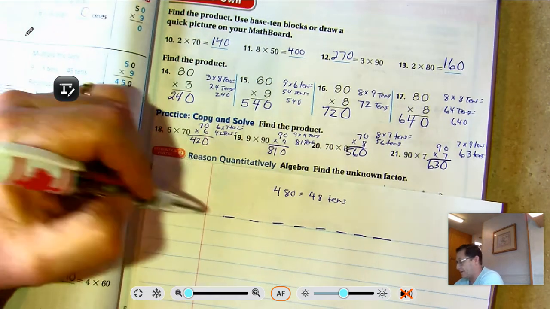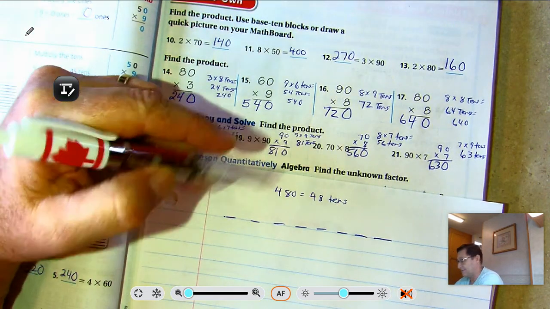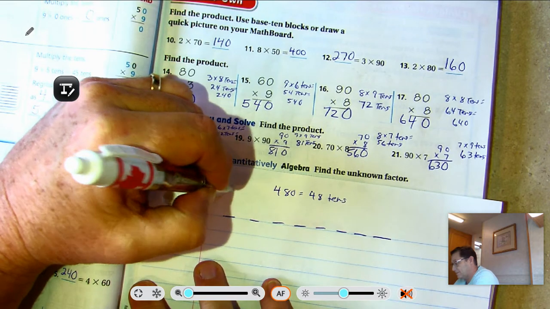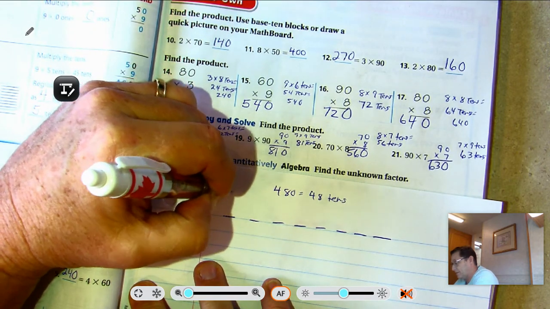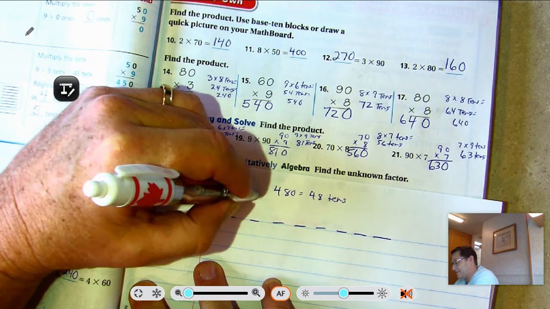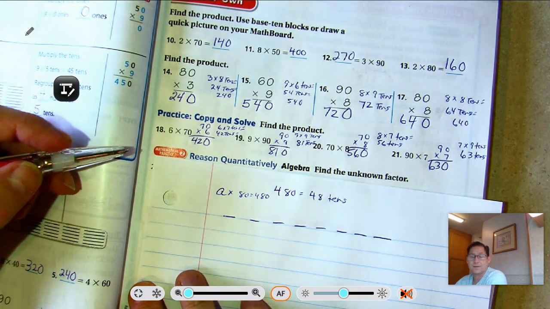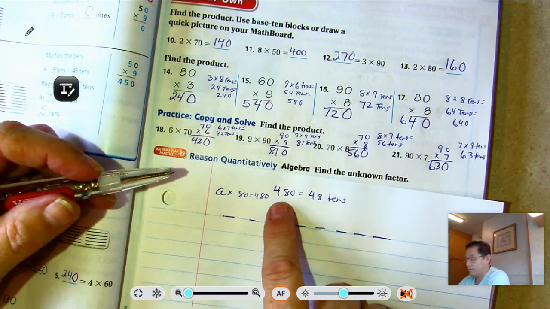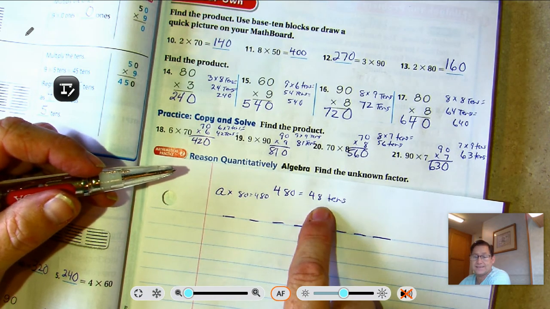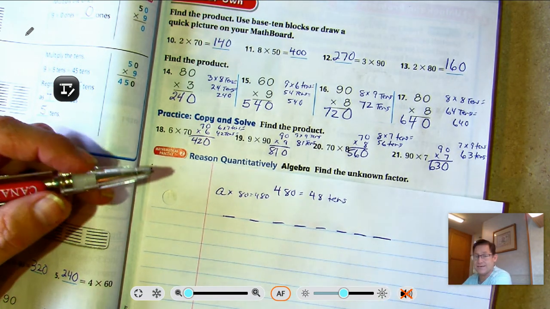All right, so here I have 8, because some number times 80 is 480. The reason we want to rewrite 480 as 48 tens is to show how many tens I would need.